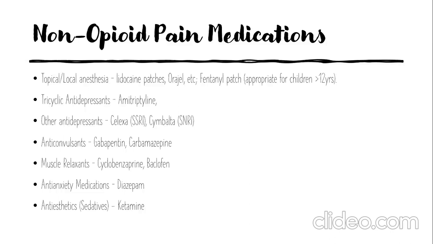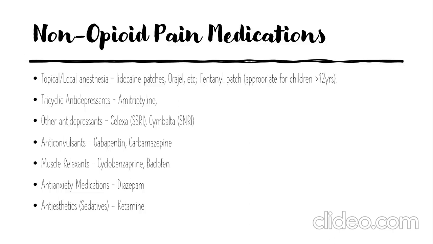Neuropathic pain. That is when you use, obviously, gabapentin or Neurontin. You see that used a lot, it's like the number one go-to drug for neuropathy. So anticonvulsants and antidepressants are usually used for nerve pain.